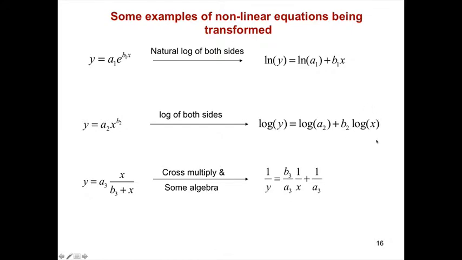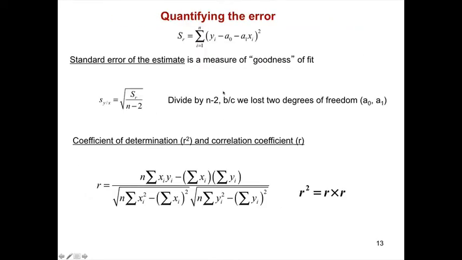So I give it log x and log y. Then what I'm going to get out are A0 and A1, except that my A0 is now the logarithm of A2, and I'm trying to find A2. So your logarithm of A2 is A0, the way this code thinks of A0, right? It's an intercept with the y-axis.